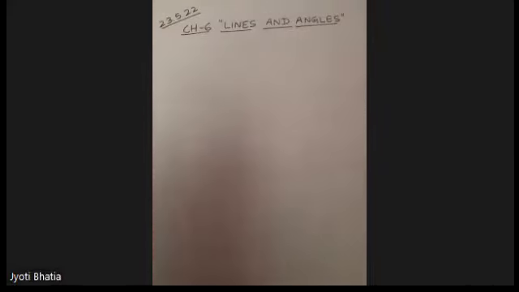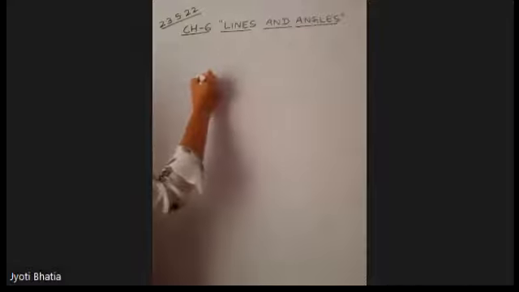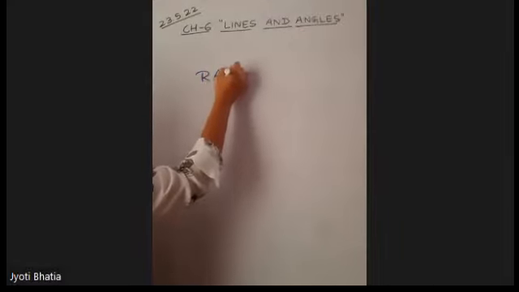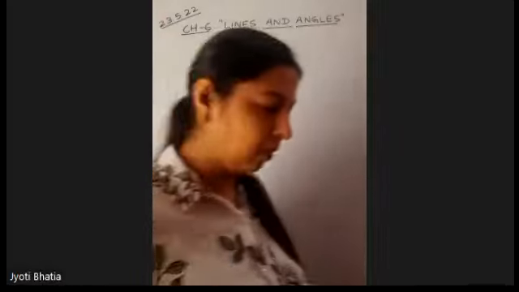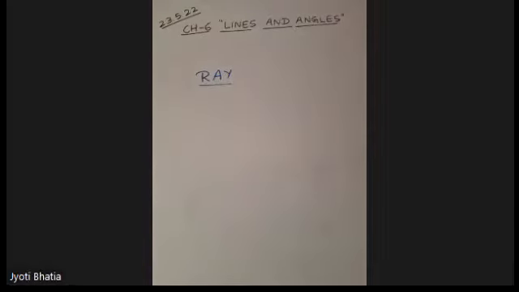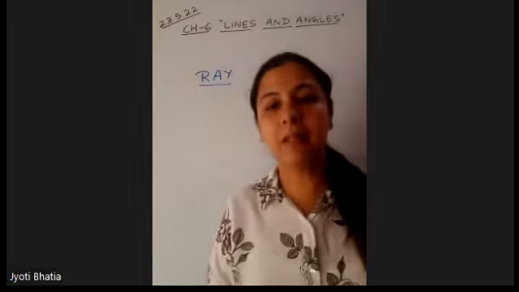Okay. Coming on next, the next definition is ray. If you can please define ray by raising your hand up. You may please raise your hand up if you want to tell. Yes, Adamya.